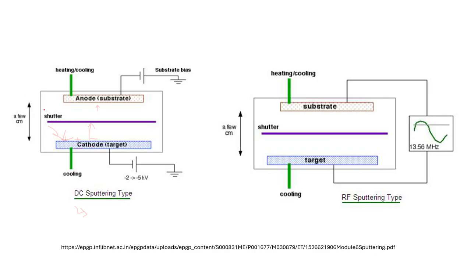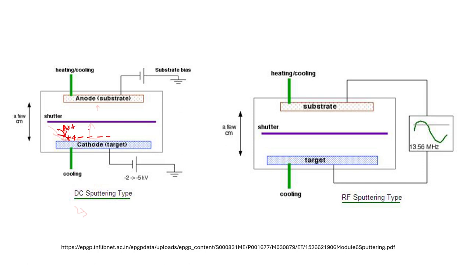So what happens is, in the case of DC sputtering, we will just apply some DC voltage between the substrate and the cathode. So this cathode will be negatively charged.